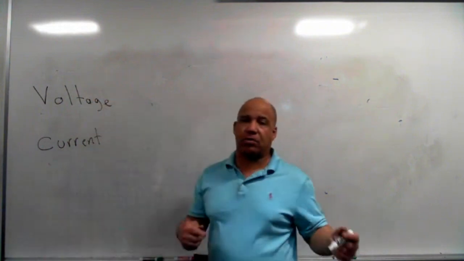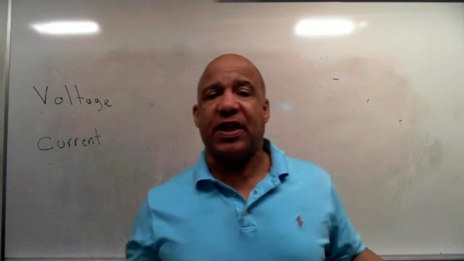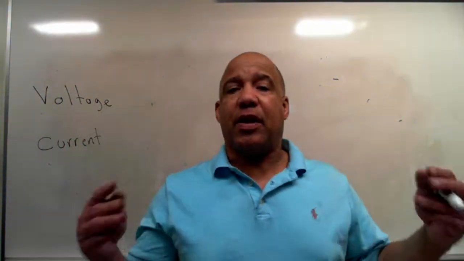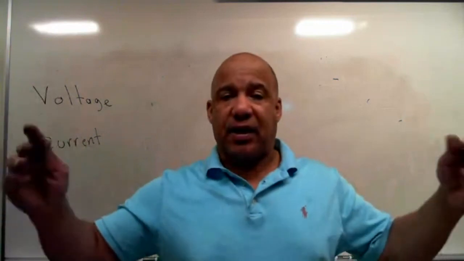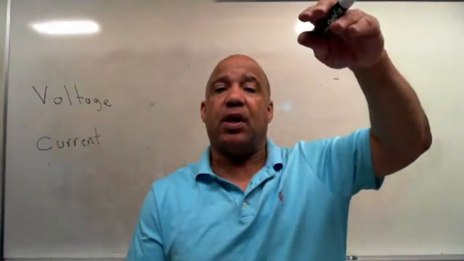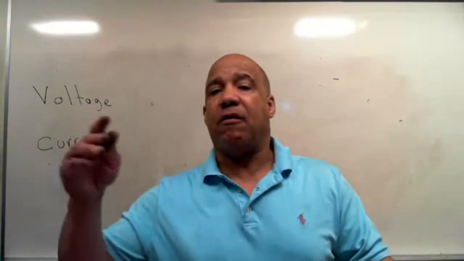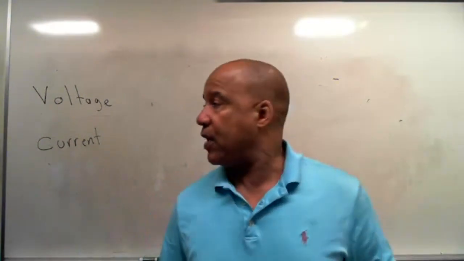All current is charge in motion. Charge cannot move unless there's something to make it move. And what makes a charge move? You've got to put it in an electric field. How do you get an electric field? You've got to have a voltage. So voltage causes current, cause and effect. Voltage is the cause of a current flow.